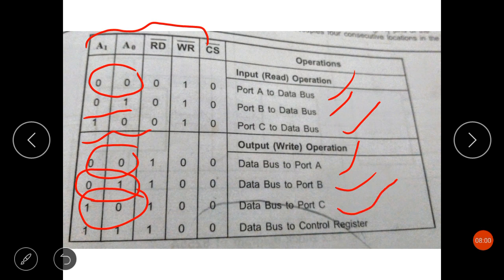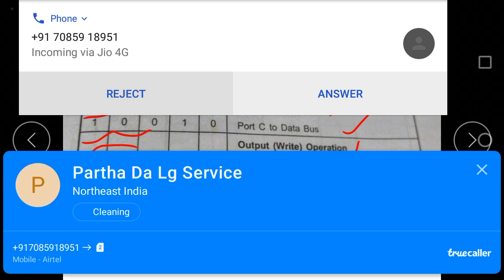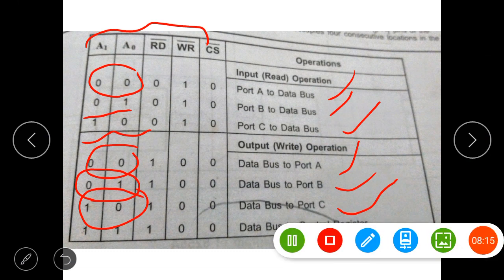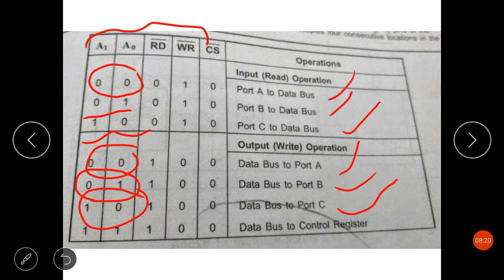So this is about the data bus. In this way, depending on the status of the A0 and A1 pins, port A, B and C get selected accordingly.